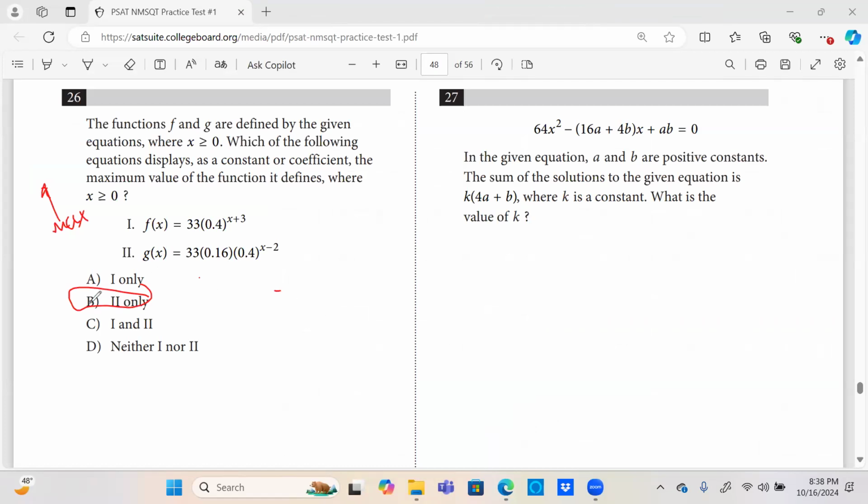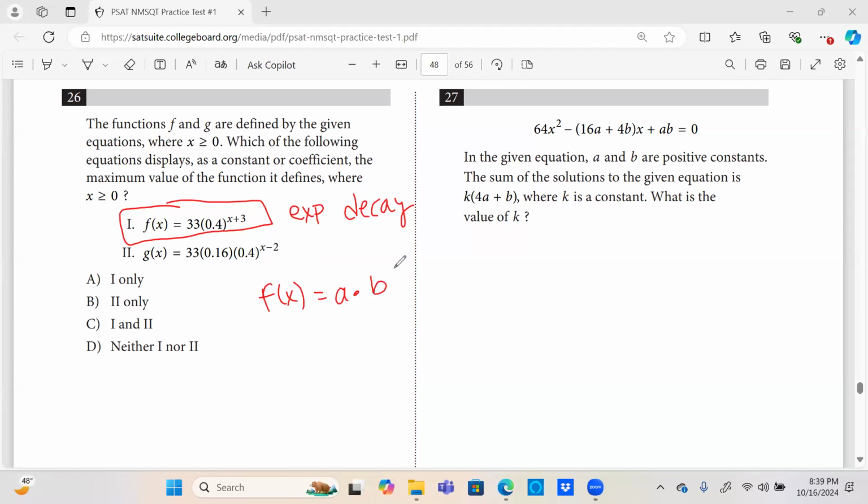So by hand, how would you do that? If you're only looking just at the first one, you can tell it's an exponential, and you can tell it's an exponential decay, because the formula for an exponential is a times b to the power of x. And if this b, whoever has the exponent, is in between 0 and 1, it's a decay.